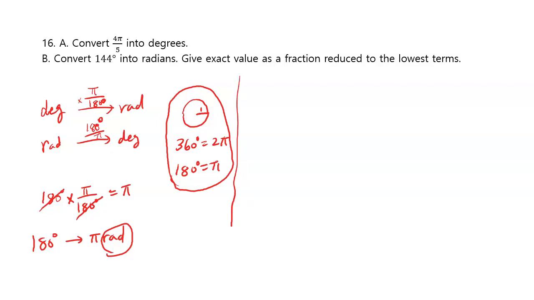Here, 4 pi over 5, if there's no unit, that means it's radians. Radians is also strange in that it actually has no unit. It's just a number, and when a number is used to measure an angle, it's called radians. So you have 4 pi over 5. Since this is radians, I need to change it to degrees. I use this formula, okay? I multiply by 180 degrees over pi.